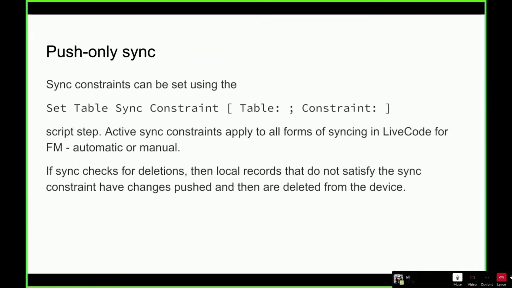In general, sync constraints can be set using the set table sync constraint script step. If you have a sync constraint applied, that governs all forms of syncing in LiveCode for FM, either automatic or manual. If sync is checking for deletions, then local records that don't satisfy the constraint have the changes pushed and then are deleted from the device.